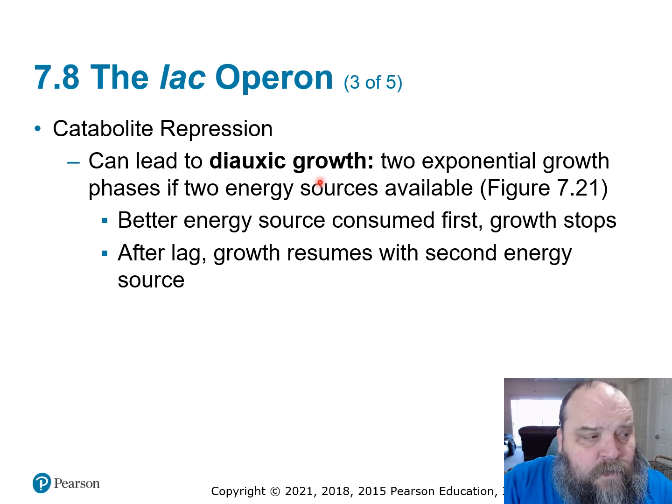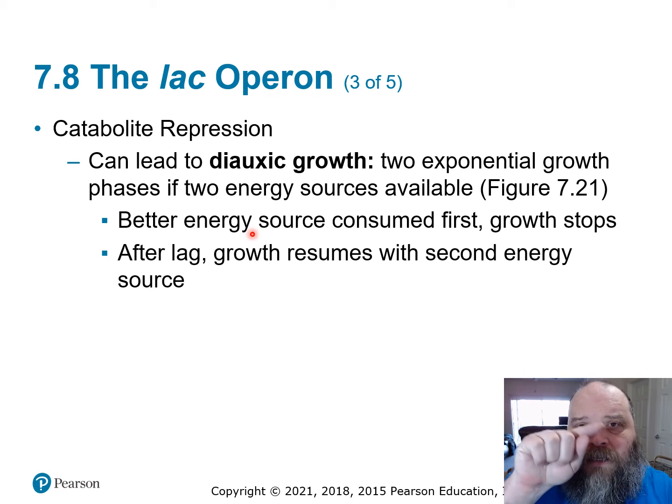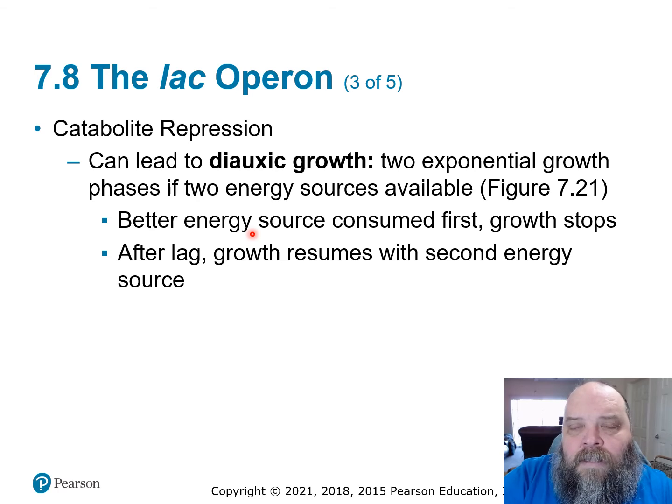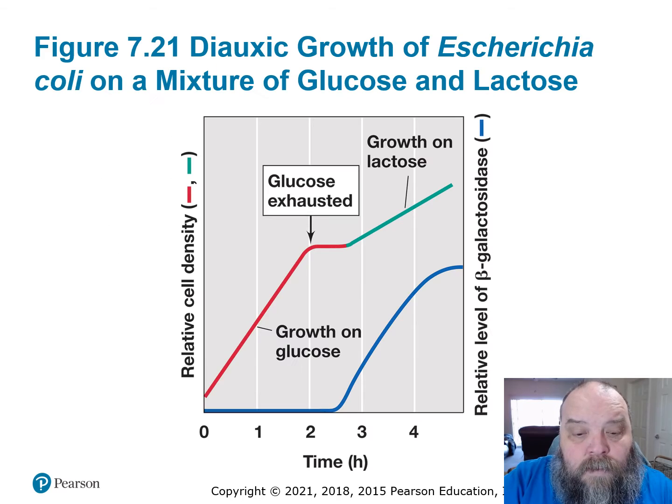Because of this, you can see what's referred to as diauxic growth. So instead of lag, exponential, stationary, decline, you'll see lag, exponential, slight pause, exponential again, and then a true stationary phase, as the E. coli bacterial cells switch from the preferential sugar to secondary carbon sources.